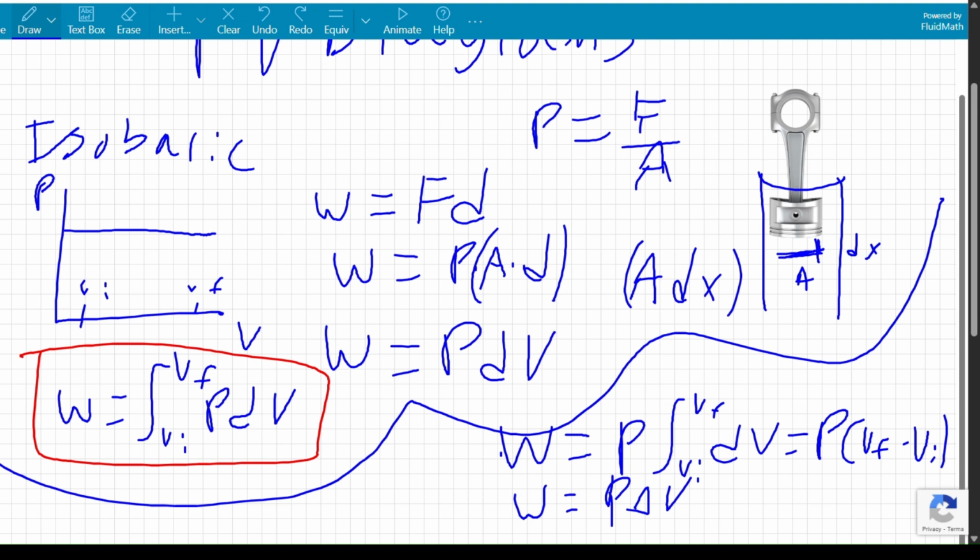So the work for an isobaric process will be the pressure times the change in volume, but the more general form for work will be the integral with upper limit the final volume, and lower limit volume initial, of the pressure times dV.